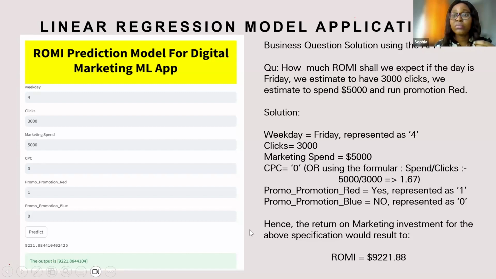In this case, I'll be using pounds because we are using a UK-based company. This is what a manager would want to know, whether this is realistic or not. With this app, they'll be able to know how realistic it is to go for a marketing spend of such and such amount, or to go for promotion red.